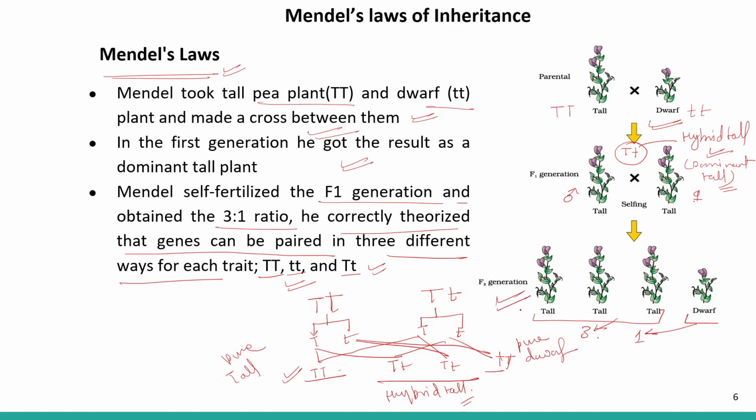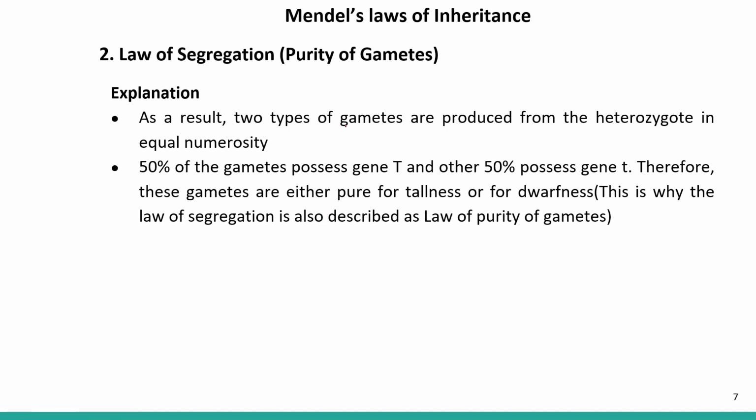But this is because of the formation of pure gametes at the F2 level. So as a result, two types of gametes are produced from the heterozygote in equal numerosity. We have just seen that the capital T and small t will form two types of gametes, capital T and small t, equal in number. So that is why it is said that the heterozygote produces gametes in equal numerosity.